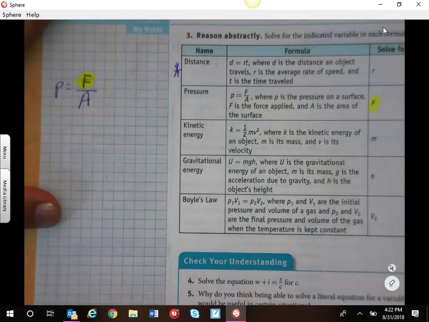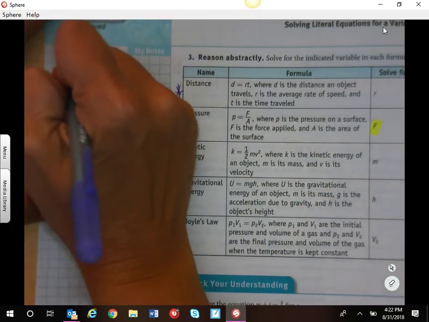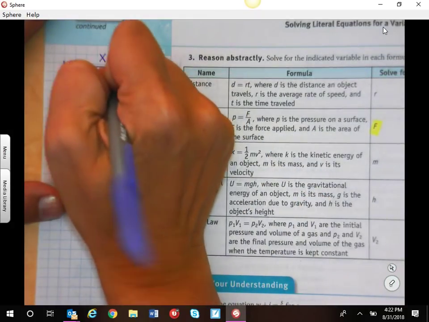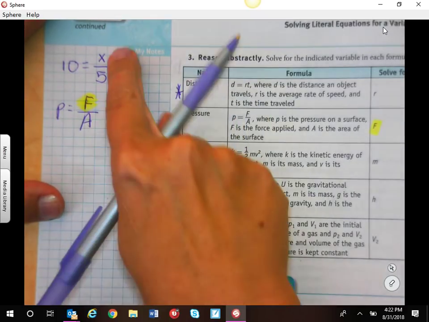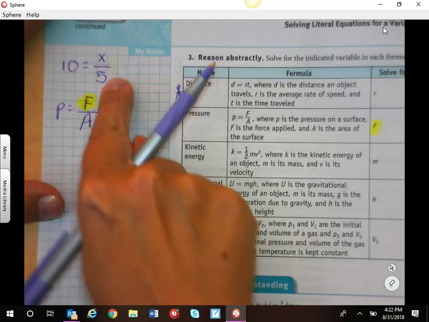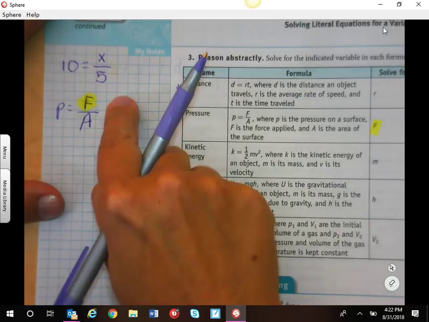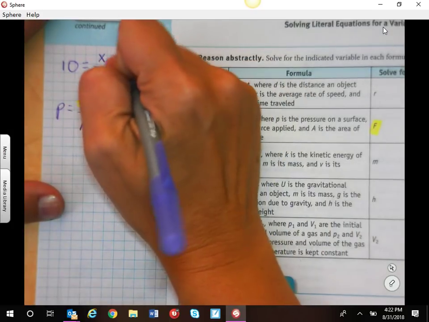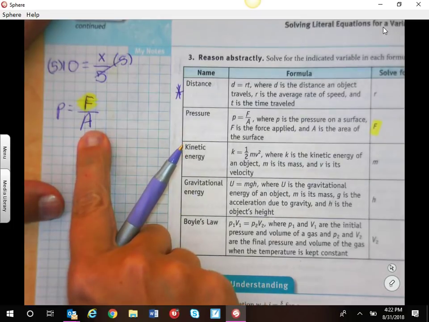Now this can be a little bit tricky, so I'm going to give you one with numbers. If I said 10 equals X over 5, I want to know what divided by 5 is 10. Well, we're dividing by 5, so the inverse is to multiply both sides by 5. The same thing is happening here.